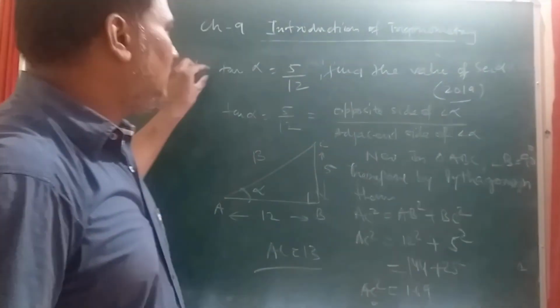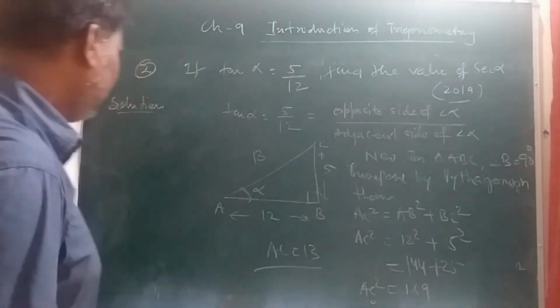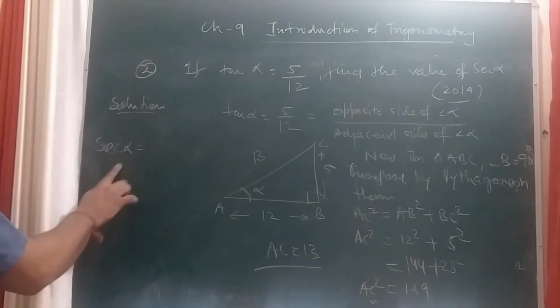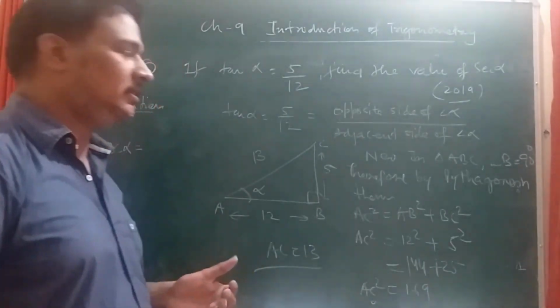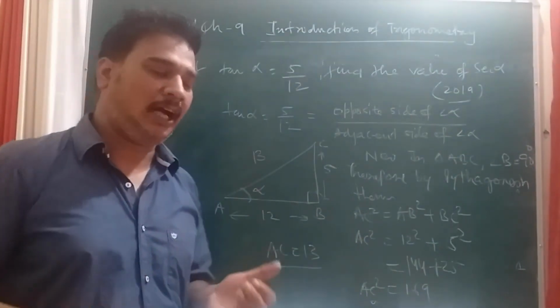Now we have to find out the value of sec alpha, and sec alpha is reciprocal of cos alpha, and the formula for cos alpha is adjacent side of angle alpha upon hypotenuse.